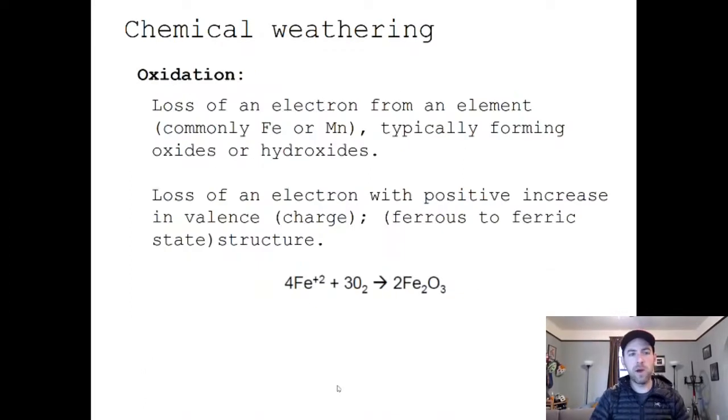And then finally, we'll talk about oxidation reactions, which result from the loss of an electron from an element like iron or manganese, and this typically results in the formation of oxides or hydroxides, right?